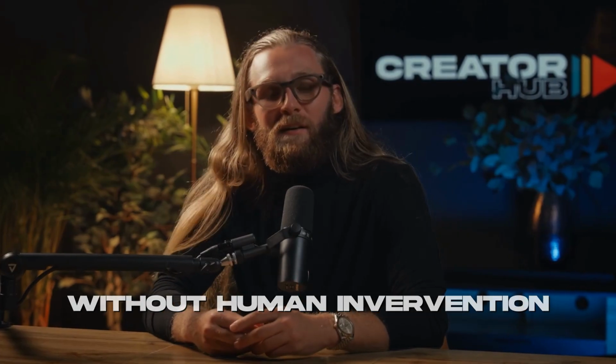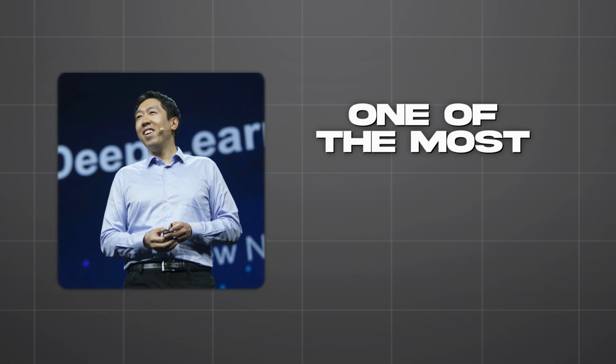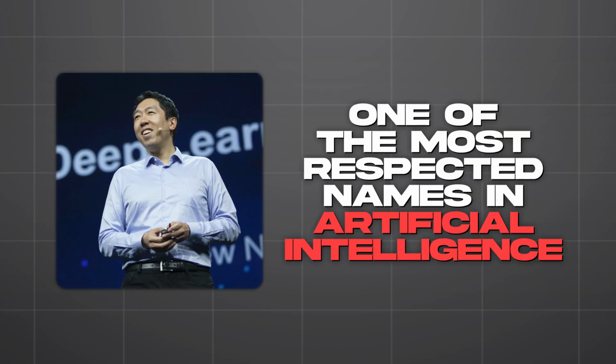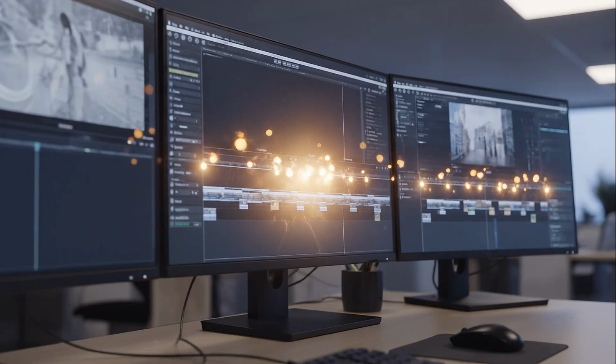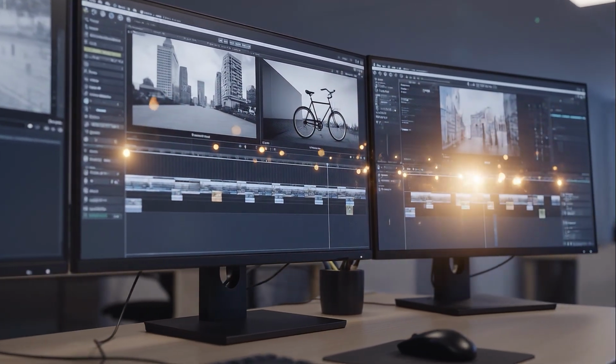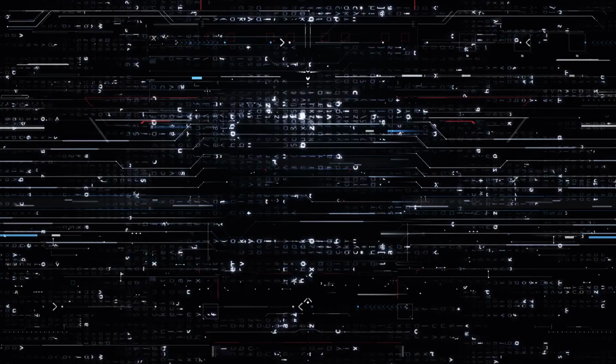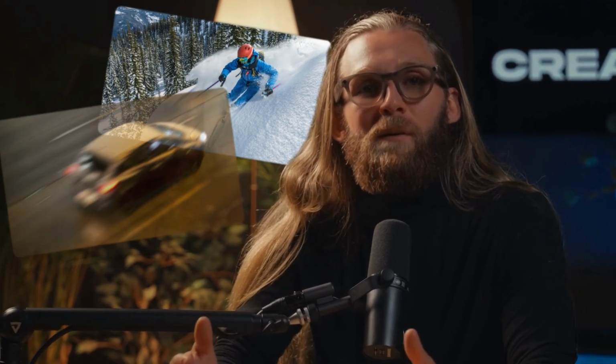That's the difference. Here's how this works in practice. Andrew Ng, one of the most respected names in artificial intelligence, created a demonstration that shows agent behavior clearly. The system is designed to search through video footage. You give it a search term, something like skier, and the agent takes over from there. First, it reasons about what defines a skier: someone on skis, moving fast, probably in snow, that kind of thing.